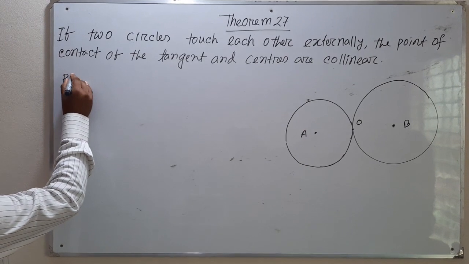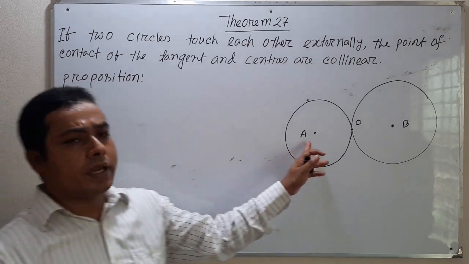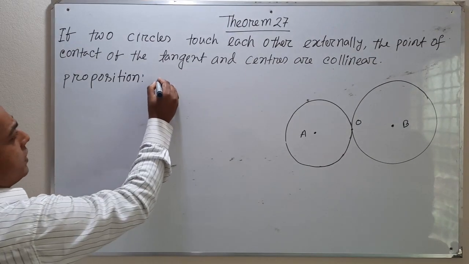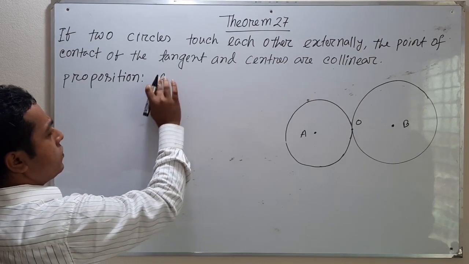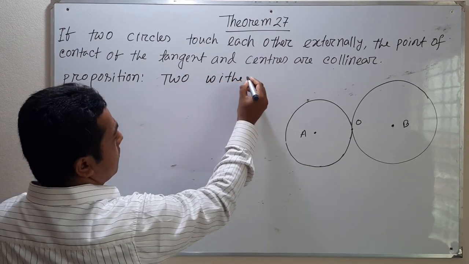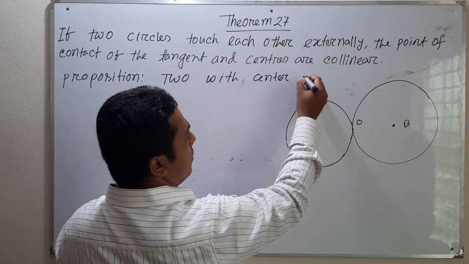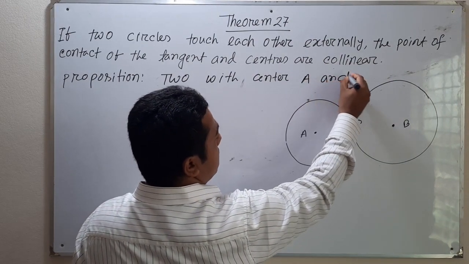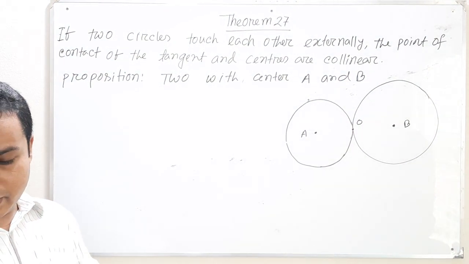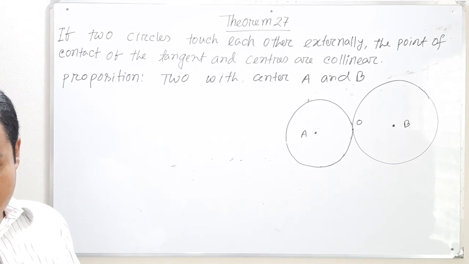Our proposition is: A and B are the centers of the two circles, this and this. Two circles with centers A and B.